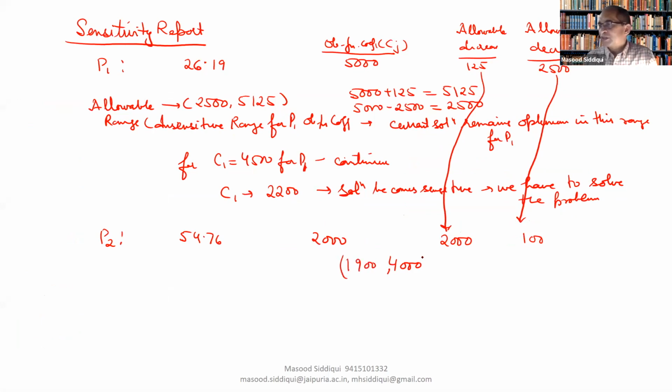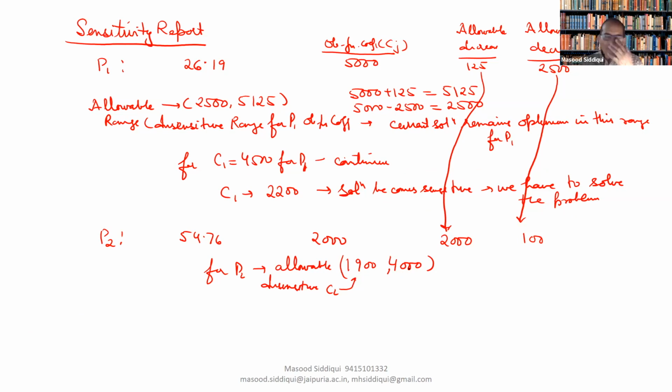So for product two, the allowable or insensitive range for C2 is 1,900 to 4,000.